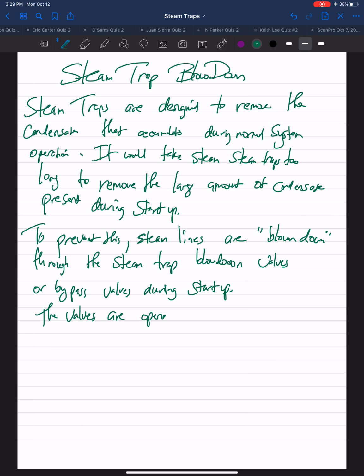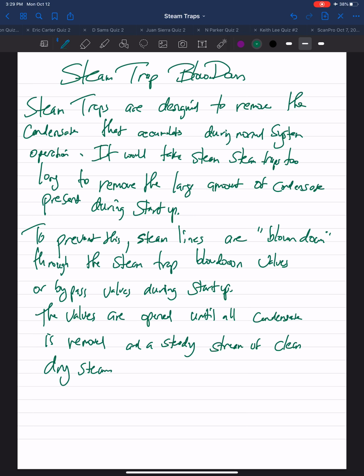The valves are open until all condensate is removed and a steady stream of clean, dry steam is discharging through the line.